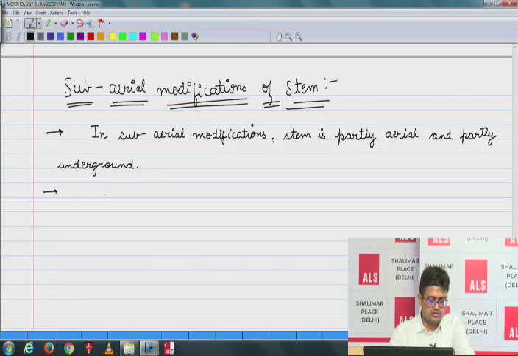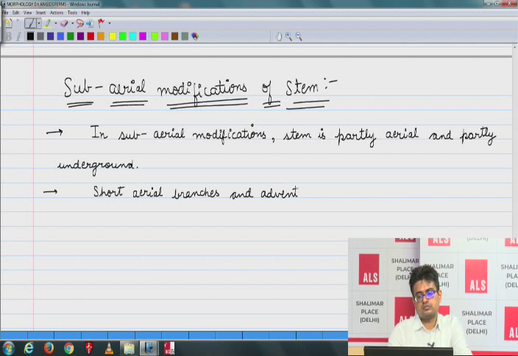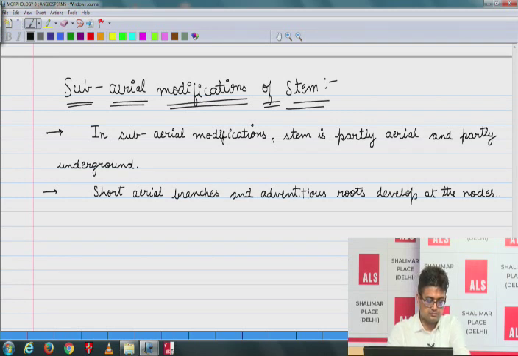Then the entire branch can detach from it.